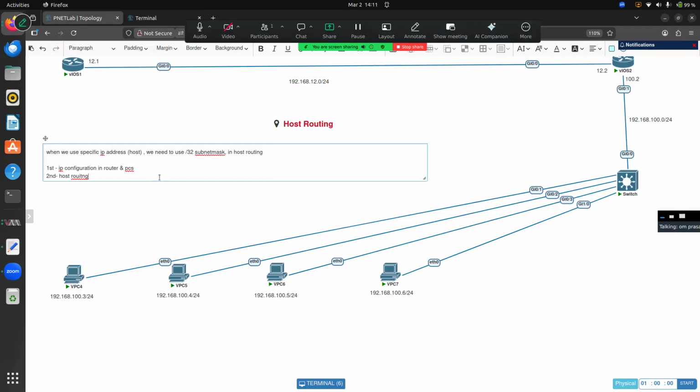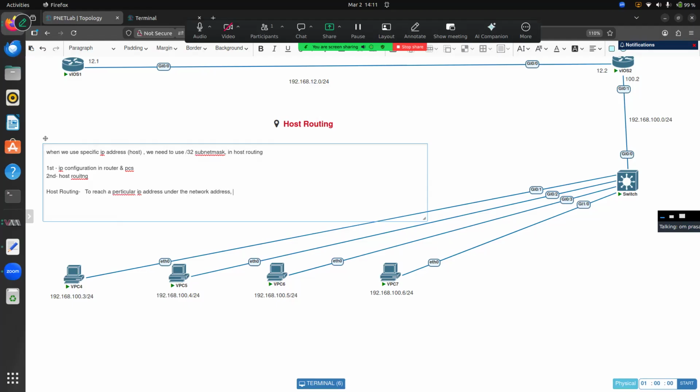So I'm going to write. Host routing: reaching a particular IP address under the network address.